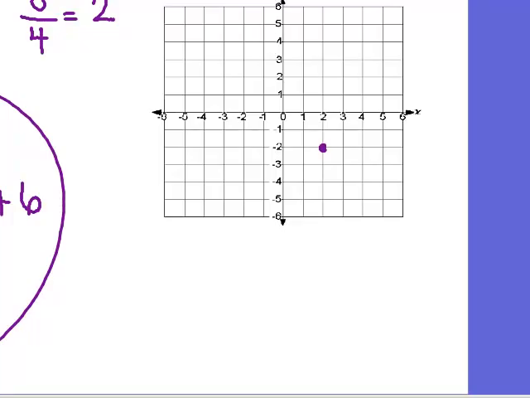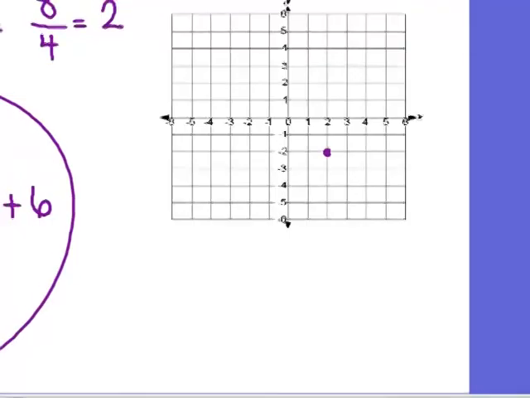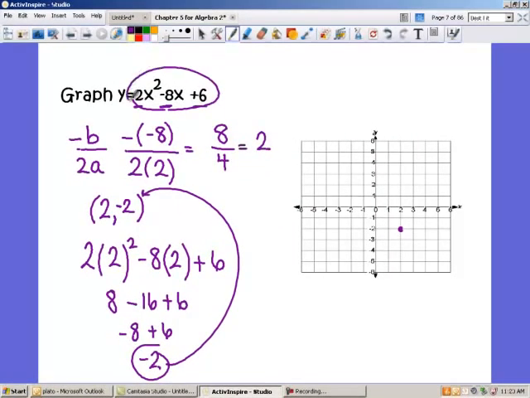So if you go to your calculator and you go to the y equals, and I'm doing that right now as well, okay, 2x squared, and I'm just plugging in this function right here into the calculator, minus 8x plus 6, and hit graph, you get the sketch and it does go up. So we're just going to sketch this with at least the vertex being accurate. And there it is.